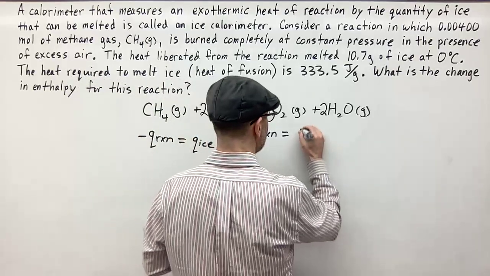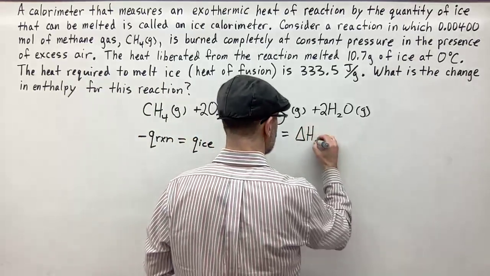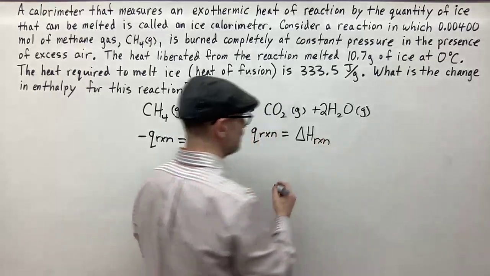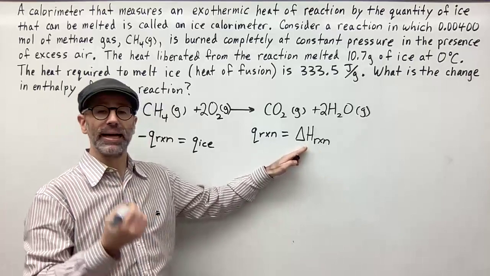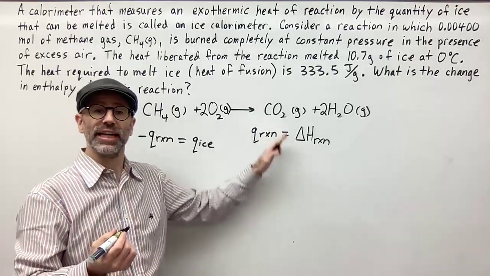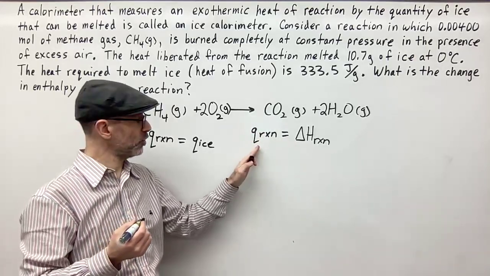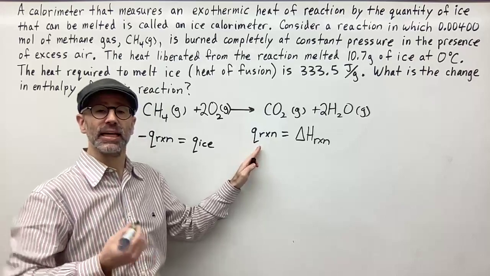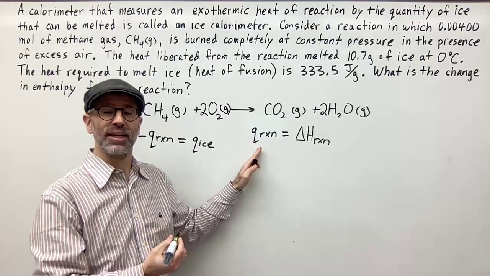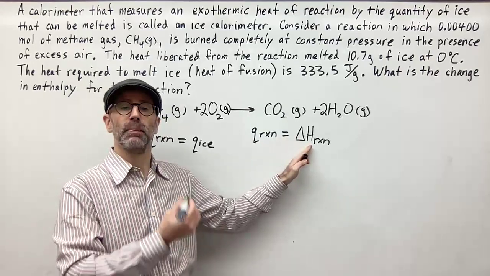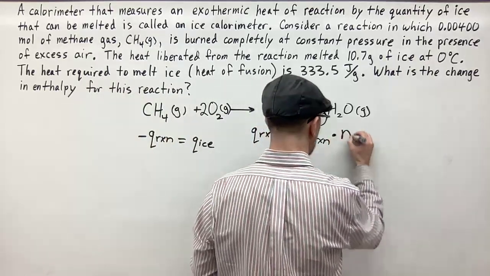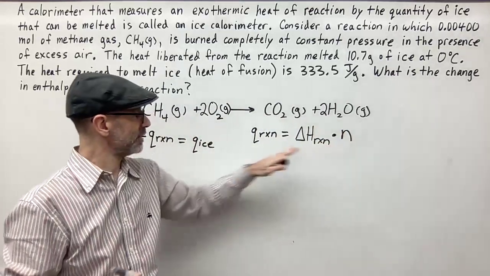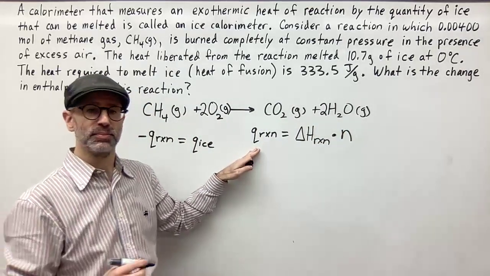And since it's in kilojoules per mole, you've got to multiply that by the number of moles in order to get Q. Because remember, Q is heat. Heat is an energy unit. This is an energy unit per mole. So we're going to have to multiply this by the number of moles to get Q of the reaction.